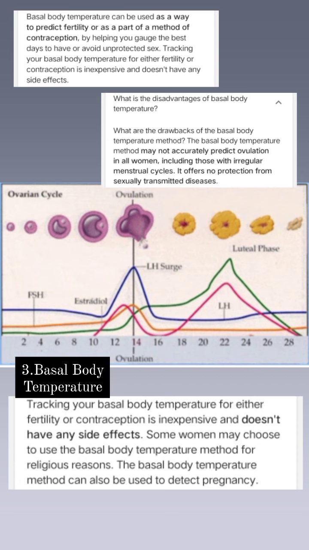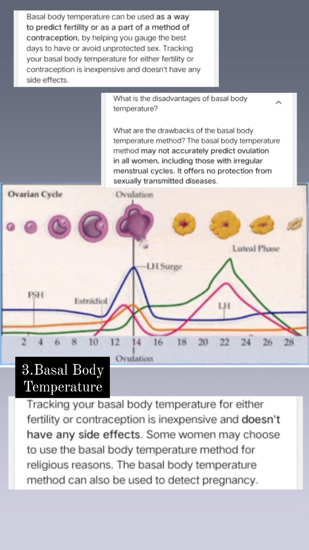The disadvantages of basal body temperature. The basal body temperature method may not accurately predict ovulation in all women, including those with irregular menstrual cycles. It offers no protection from sexually transmitted diseases. The side effect of basal body temperature.